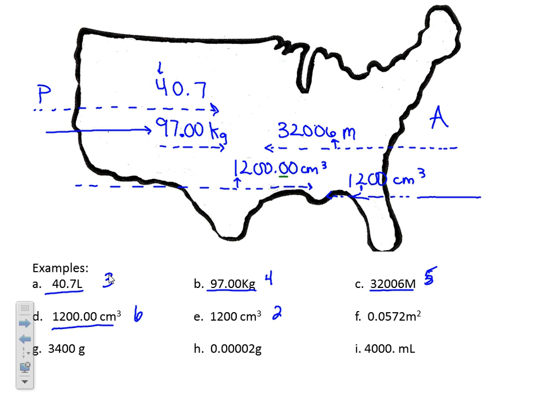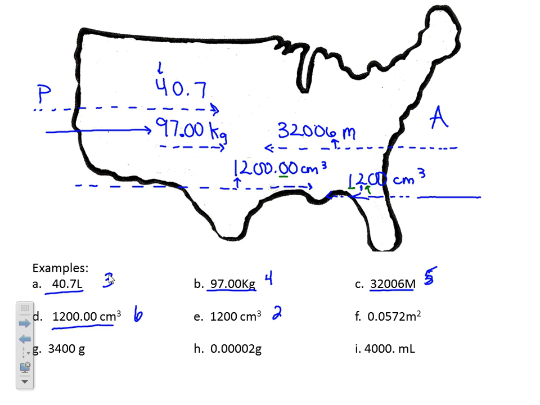However, the tool making the measurement of 1,200 centimeters cubed with no decimal has a mark for every, I'm sorry, every 1,000 centimeters, which means that this 2 is an estimated digit.